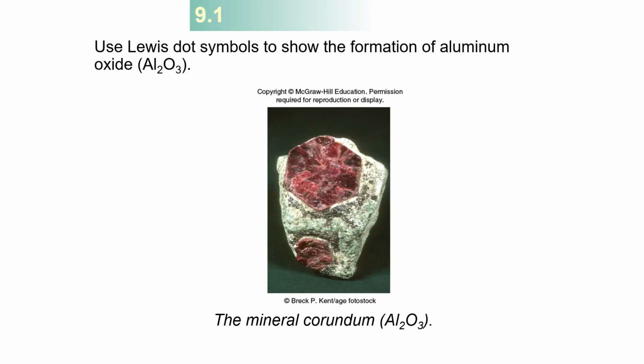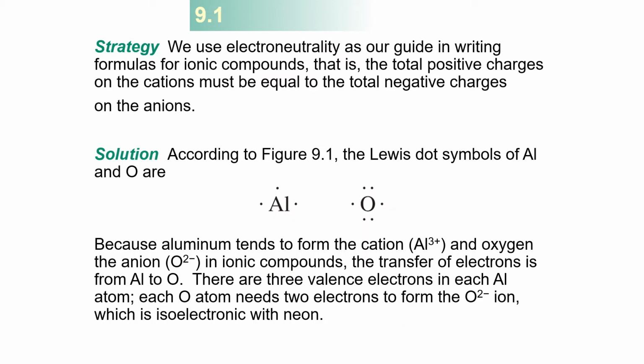So we can use Lewis dot structures to show the formation of, for example, aluminum oxide. We have two aluminums and 3 oxygens in this compound, and we're going to run through an example of how we can use the Lewis structures to come up with that formula and actually visualize how it holds itself together.